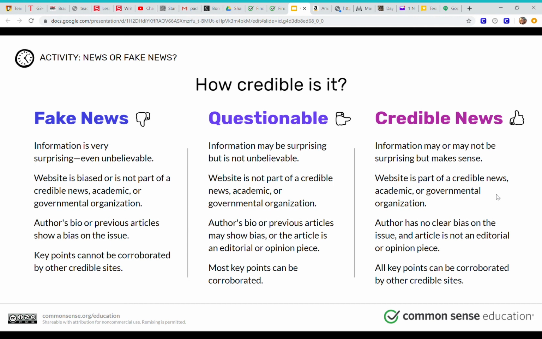Okay? The website is part of a credible news, academic, or governmental organization. So, if something's coming from CNN or BBC or the Associated Press, okay? And then maybe it's coming from A&M academic university, or it comes from the desk of the governor, okay?